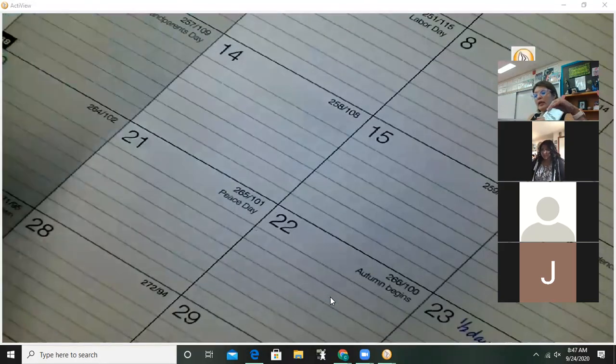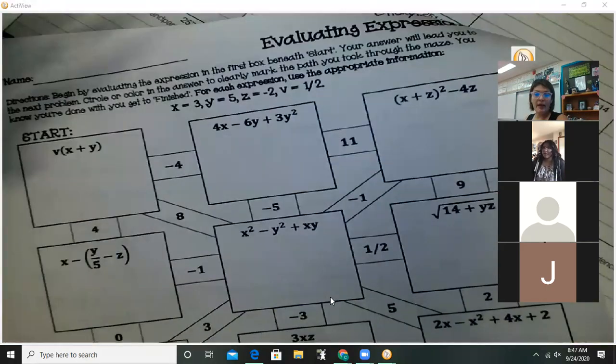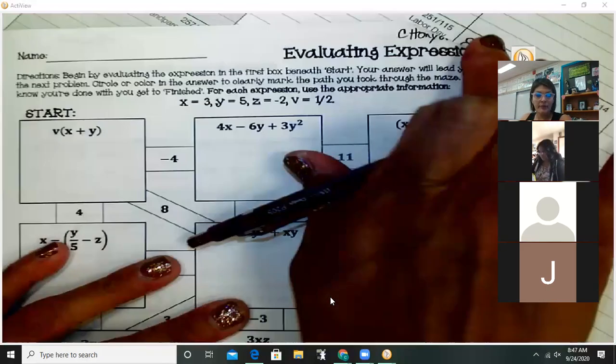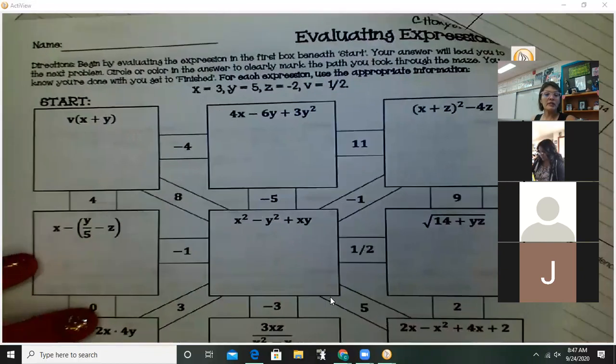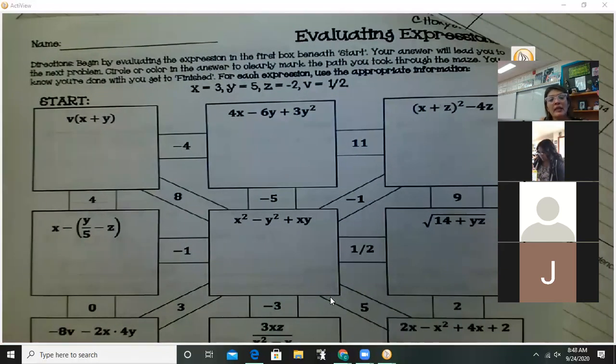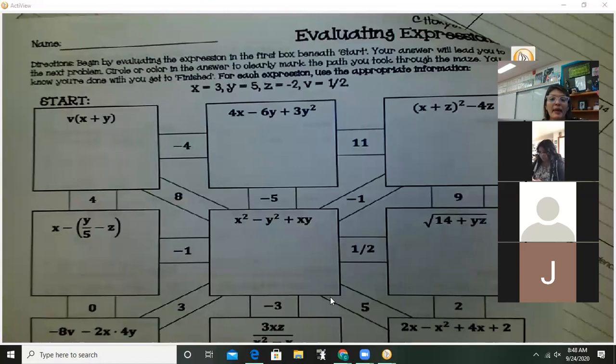Today, we are working on evaluating expressions. Directions. Begin by evaluating the expression in the first box beneath start. Your answer will lead you to the next problem. Circle or color the answer to clearly mark the path you took through the maze.